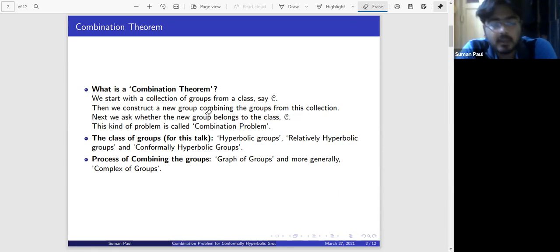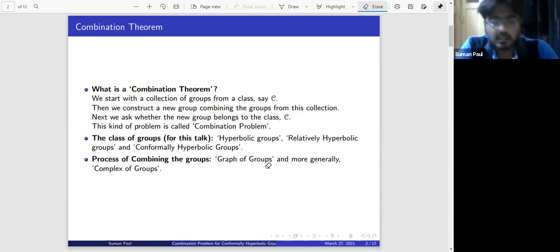Okay, and for this talk, I will mainly take the classes of hyperbolic groups, relatively hyperbolic groups, and conformally hyperbolic groups. And the process of combining these groups is by graph of groups construction, or more generally complex of groups.